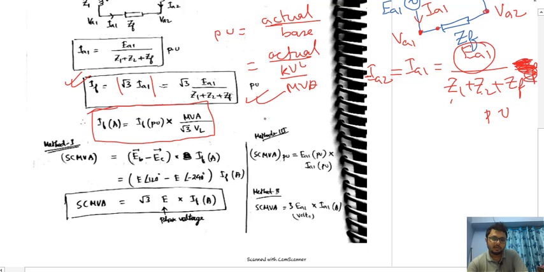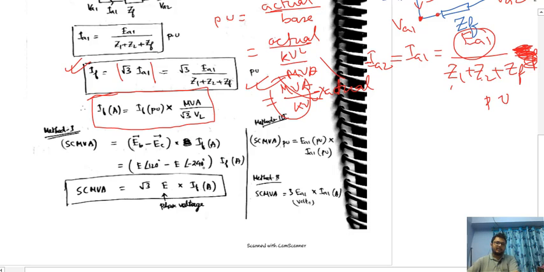This MVA will go in the numerator, so MVA by kV square into actual. So there are various methods of calculating short circuit MVA. Short circuit MVA, that is, MVA means what? Power, volt ampere.